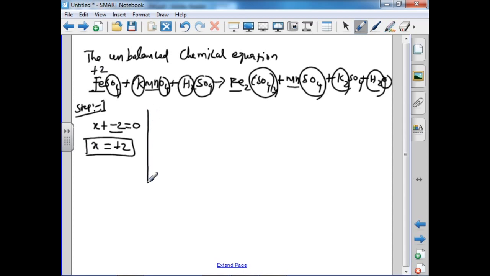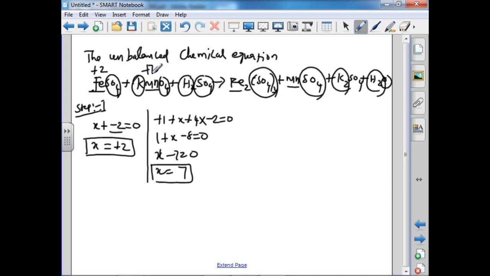Mn in the KMnO4: plus 1 is the oxidation state of potassium, plus X as Mn, and then 4 into the oxidation number of oxygen, minus 2. It is a neutral molecule, so equal to 0. 1 plus X minus 8 equal to 0. X minus 7 equal to 0. X equal to plus 7. So the oxidation state of Mn in KMnO4 is plus 7.